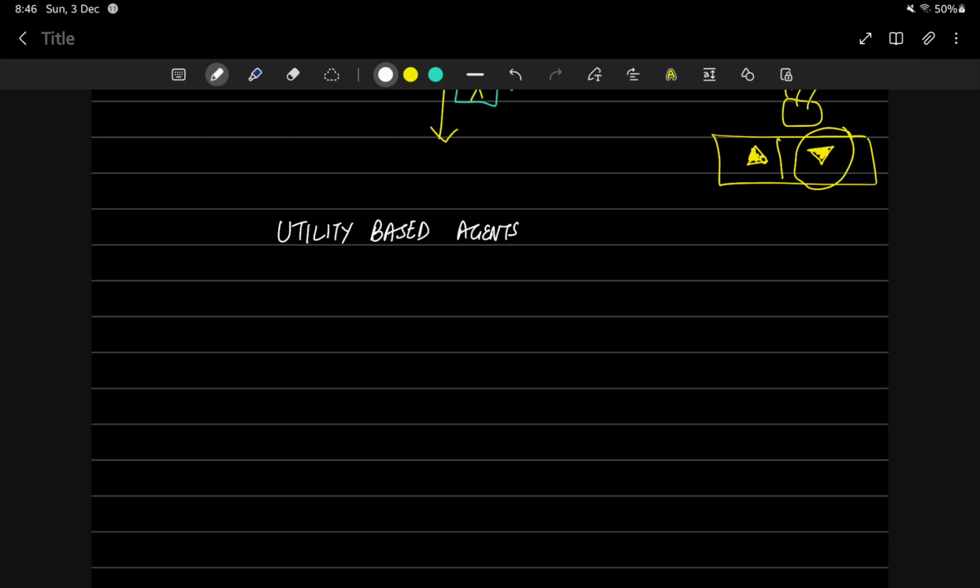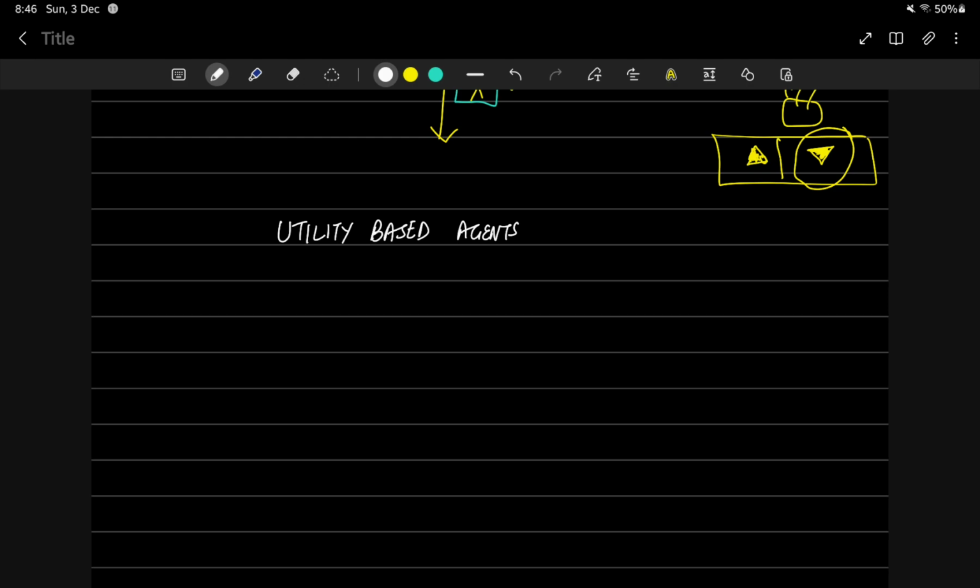So you see how it is different from a goal-based agent. If I program a car in a way that it is only a goal-based agent, then it will not consider other factors like traffic conditions, fuel efficiency, safety, and all that stuff. It will be like, I don't care about anything else. All that I care about is just achieving my goal.